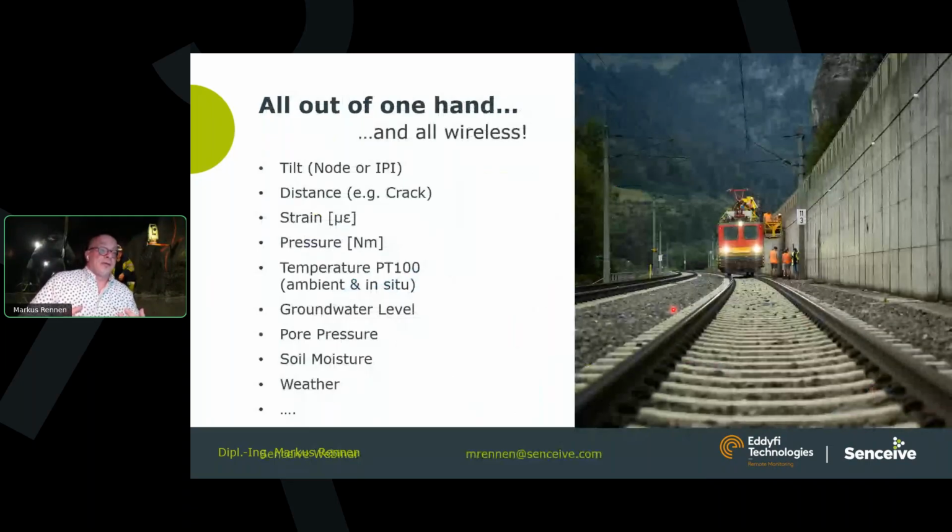There are nodes that have implemented sensors like tilt nodes or laser distance sensors, but also there are data communication nodes where external sensors can be mounted, like strain gauges, pressures, anchor loads, temperatures, groundwater level, as we saw with piezometric or pore pressure, soil moisture, weather.